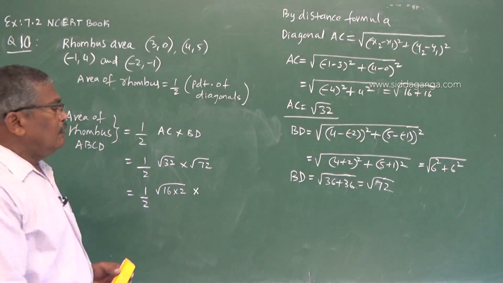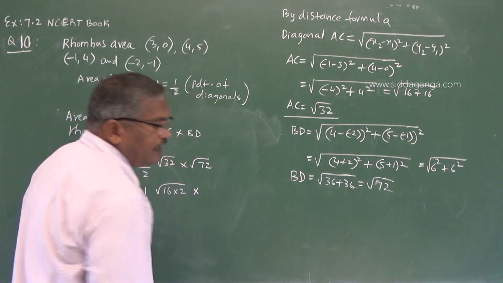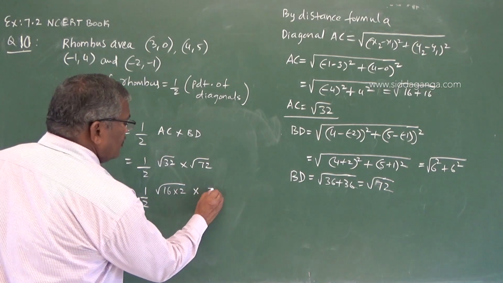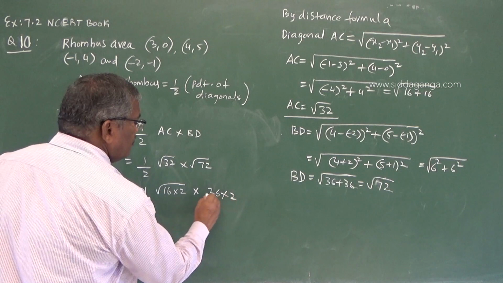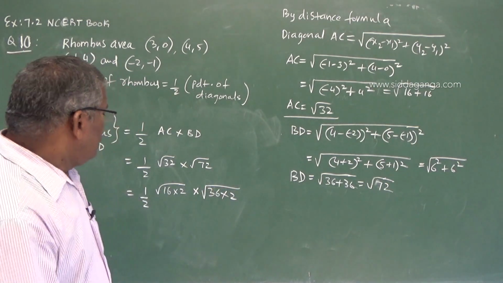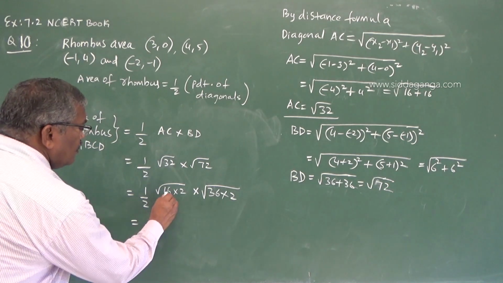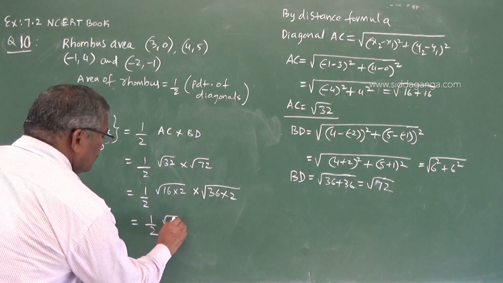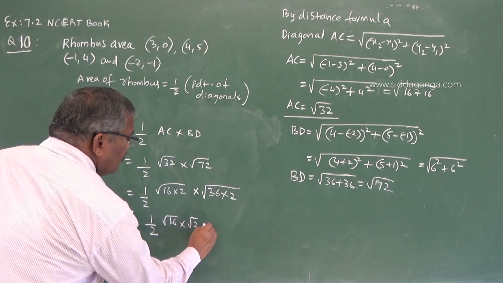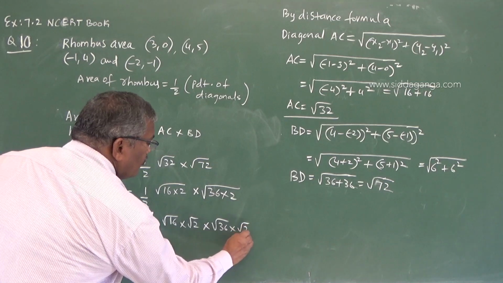How will you write 72? 36 into 2 is 72. So now this becomes 1 by 2 into root 16 into root 2 into root 36 into root 2.